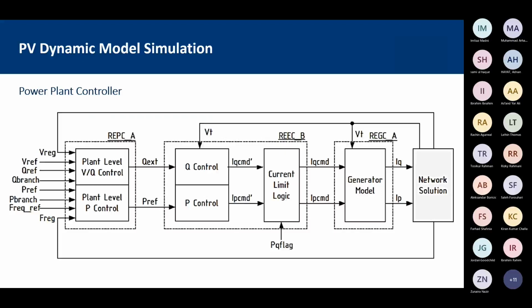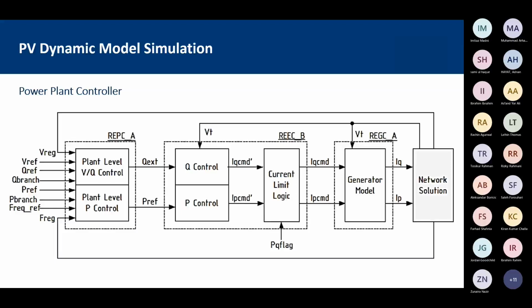So the power plant controller is another thing which we use mostly for larger systems. When we have larger systems integrated with the grid, and then grid compliance, like AEMO compliance actually, they are a little bit complicated.